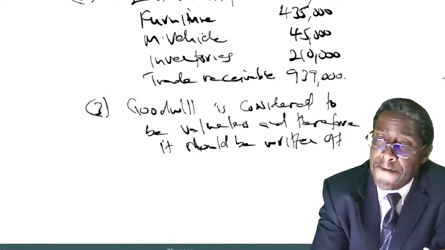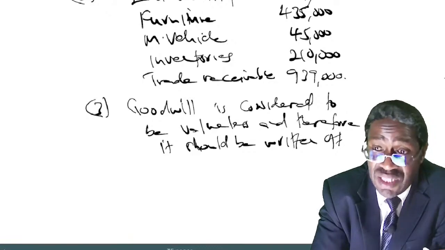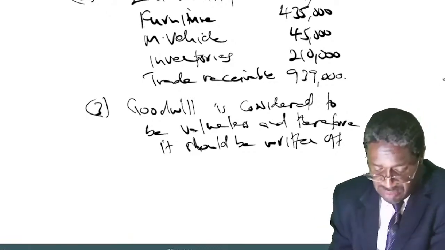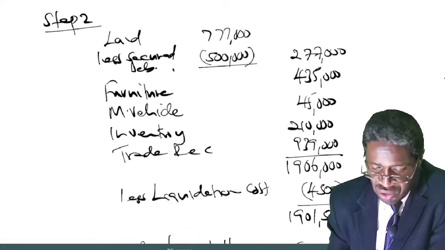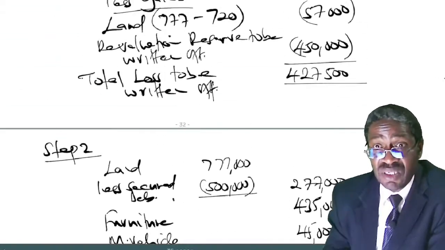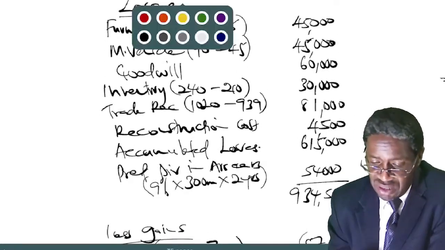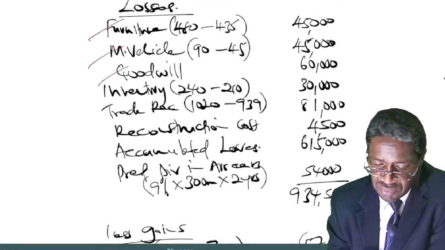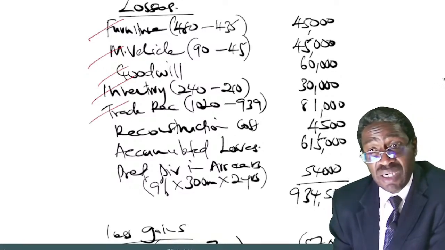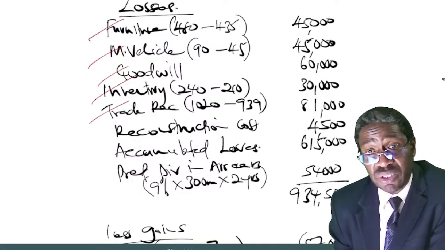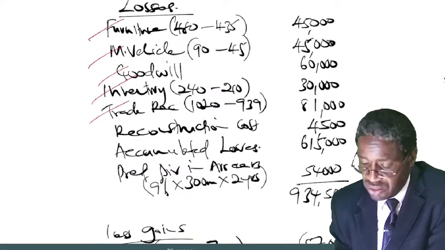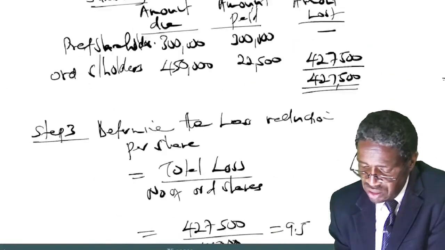Next, after that, what else did we use in the scheme? Let me just take you back so that we go together. So far, among the losses, we have used the assets, the inventory and the goodwill. Now I can see there is this reconstruction cost of 4.5 million. So let's add it in the scheme.